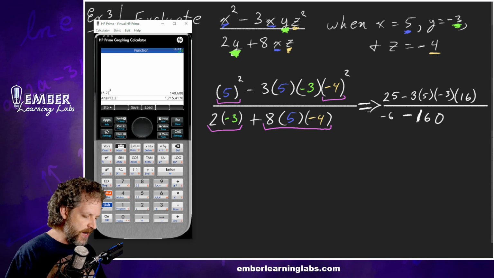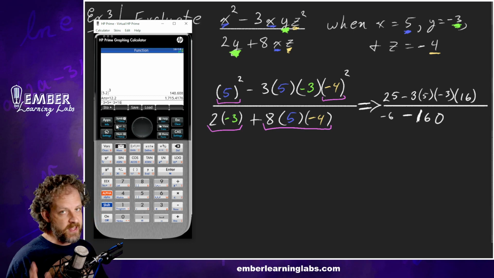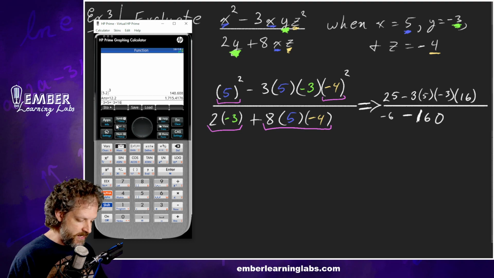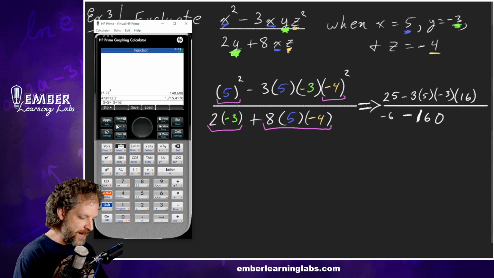But just to show that you can do it this way, I'm going to actually put the negatives in. So I'm going to put negative 3 times 5 times negative 3 times 16. You'll notice on this calculator, and it's the exact same on your calculator, the button may look different or be in a different place, but it's almost certainly a negative button that is separate from the minus button.